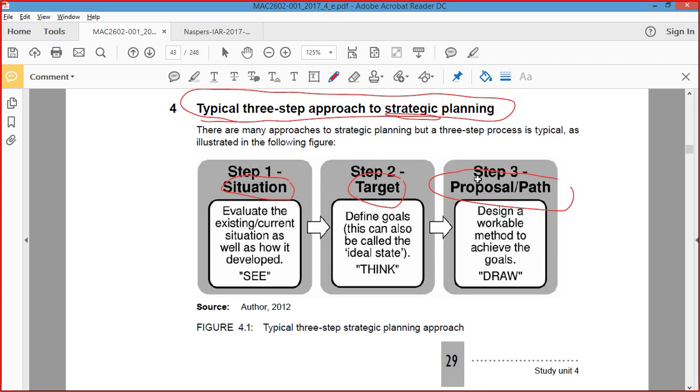Right, so I want to relate this to something that you might do as a photographer. So let's talk about strategic planning for a photographer. Number one is situation. Can you describe a situation in photography? Time of day.